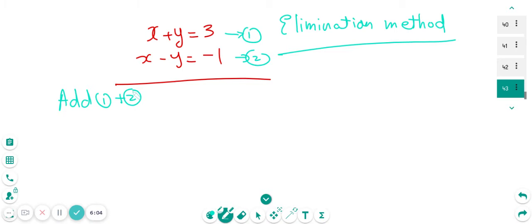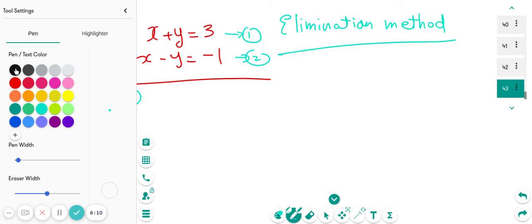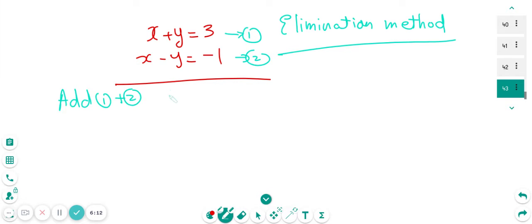When we add both equations, if you observe, x plus x would add up to 2x, and y and minus y would add up to 0. They cancel each other out because they have the same value but opposite signs, and 3 and minus 1 would add up to 2.